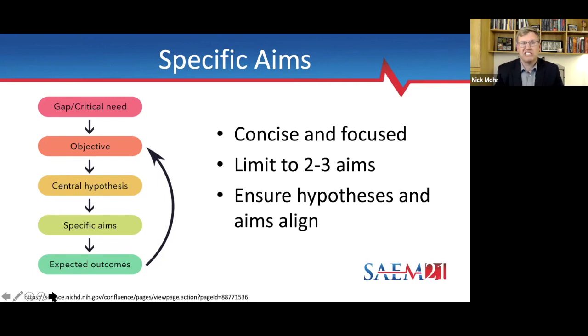You typically will state a central hypothesis, and in some cases will also state working hypotheses for each of your aims. But really your specific aims are the questions that you're trying to answer, are the activities that you're engaging in, before you lay out what your expected outcomes are and how your project is going to make the world a better place.